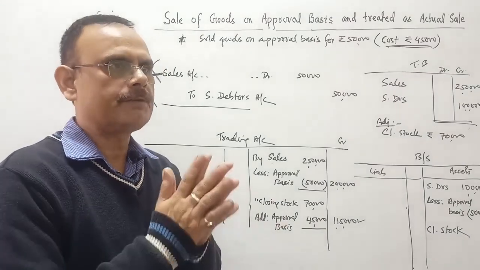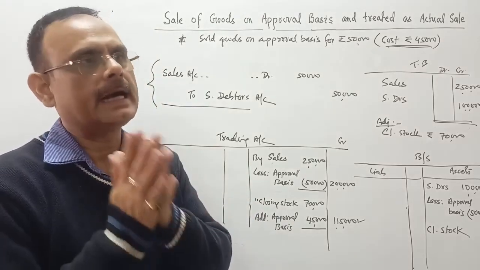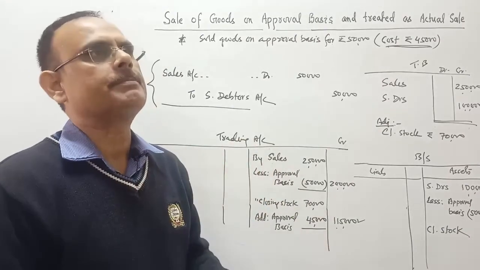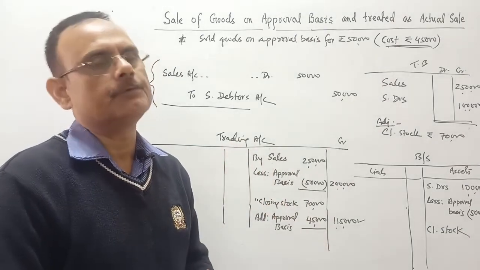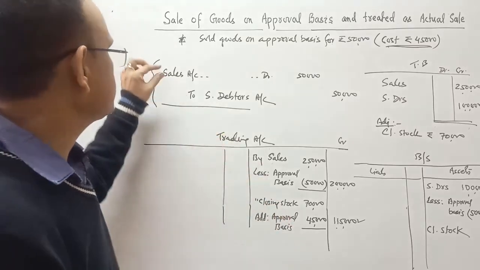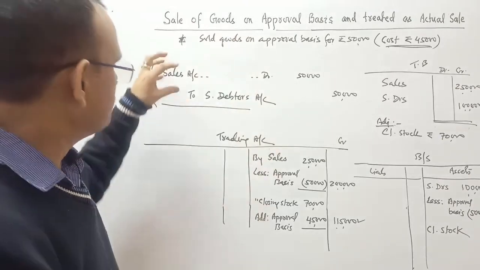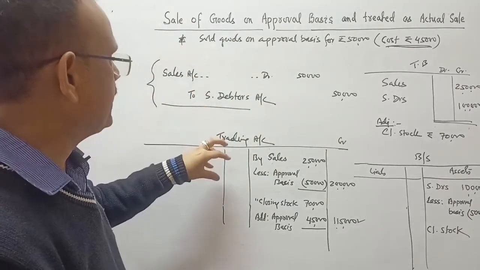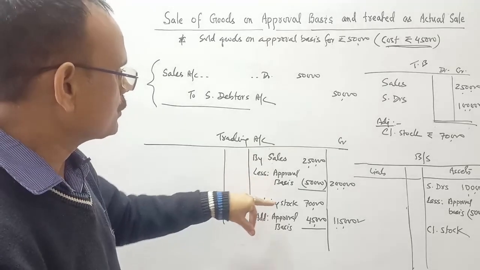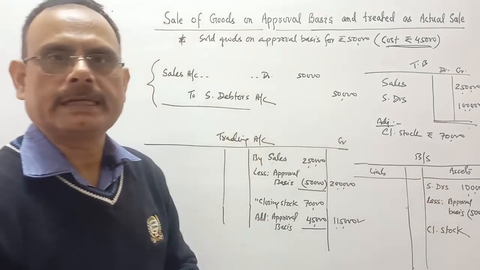Without receiving approval from their end, we can't treat that as actual sales. If the accountant has treated it without approval as actual sales, then we have to do the necessary corrections or pass the adjustment entries, sales account debit to sundry debtors, and accordingly this impact will be in the financial statement. In sales, the figure will be reduced by that amount, debtors will decrease, and closing stock will increase.